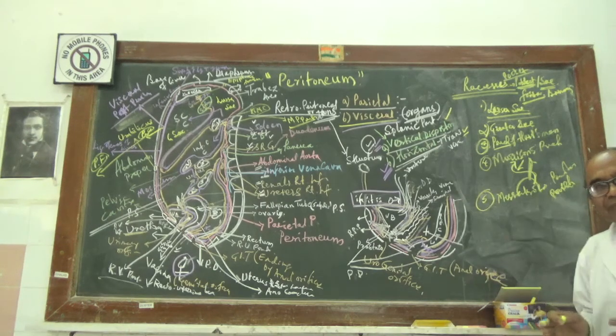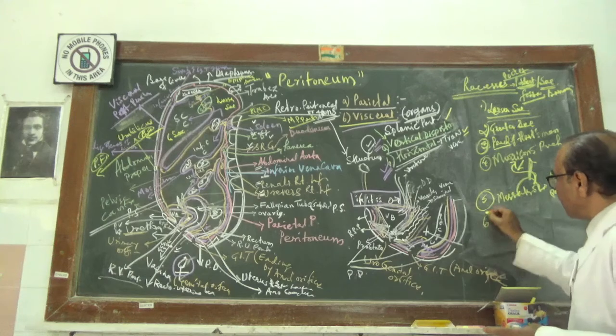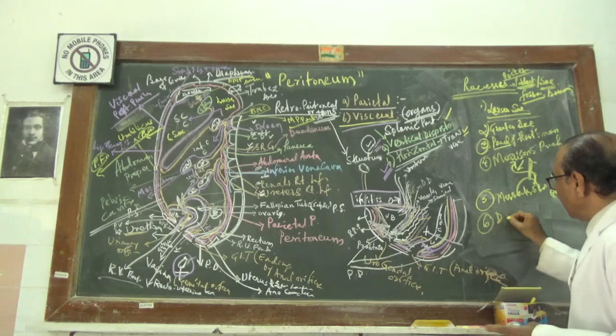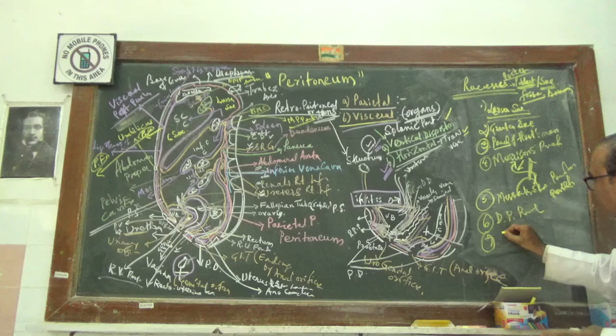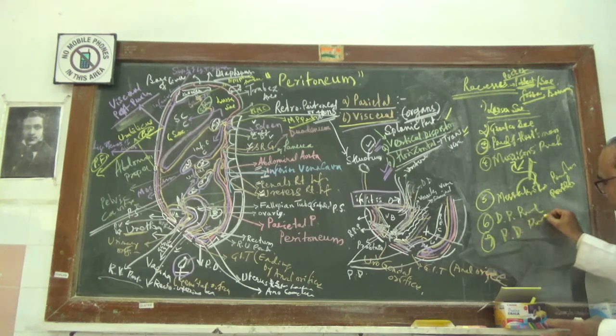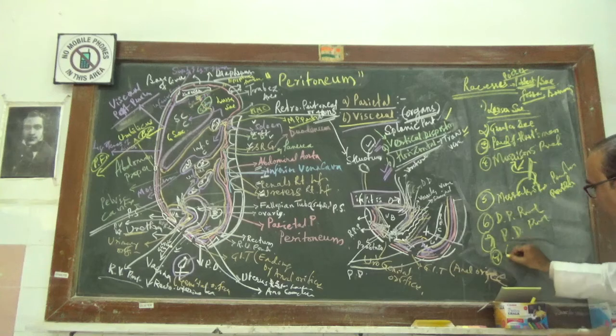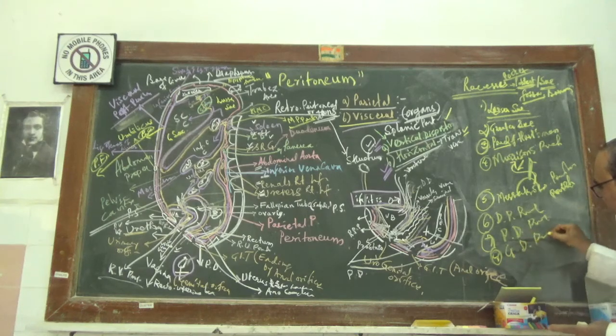Then sixth, the duodeno-pancreatic pouch. Seventh, the pancreatico-duodenal pouch. Eighth, the gastro-duodenal pouch.